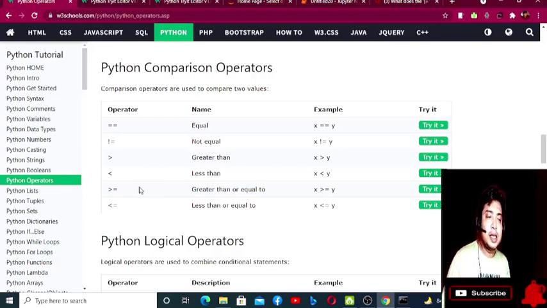Okay, then less than, greater than or equal to, less than or equal to, and this is greater than. We all know this very well, and when we use these in functions or solve some mathematical problems, it will be very easy to use.